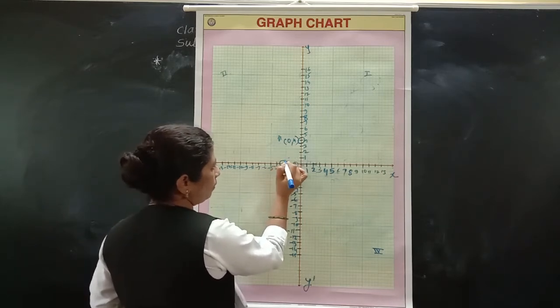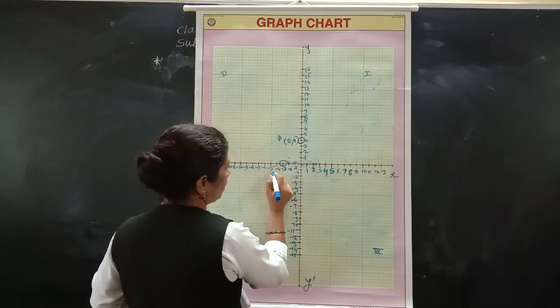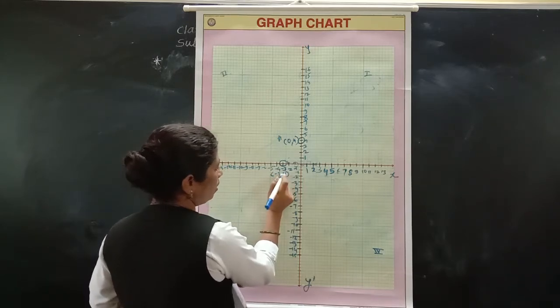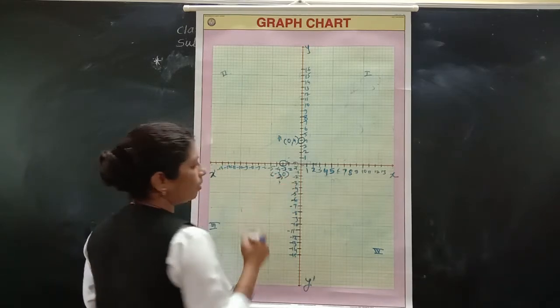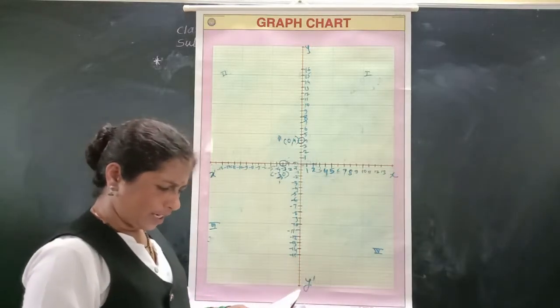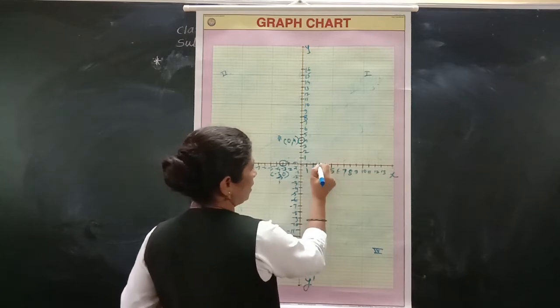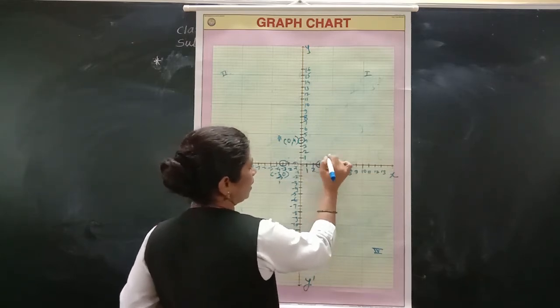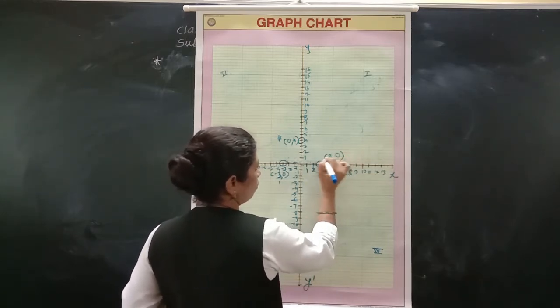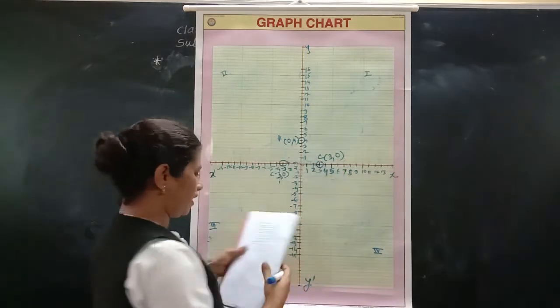So the point will be there, minus 3, 0. And next point D, 3, 0. 3, 0 means on the x-axis, right? This point is C, A, B, C.